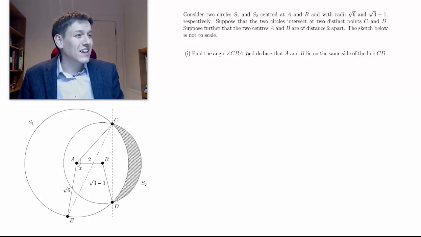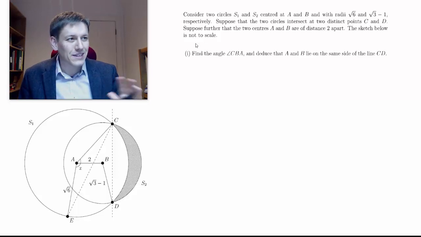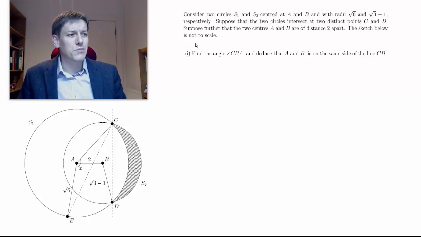And it says here the sketch below is not to scale, so we're not going to expect this to guide us too much apart from the geometry of where the points are relative to one another. And part 1 says find the angle CBA, so that's this angle here of course, and deduce that A and B lie on the same side of the line CD.